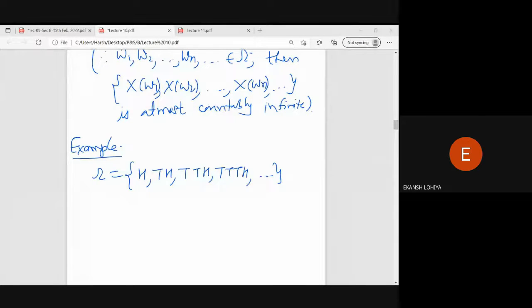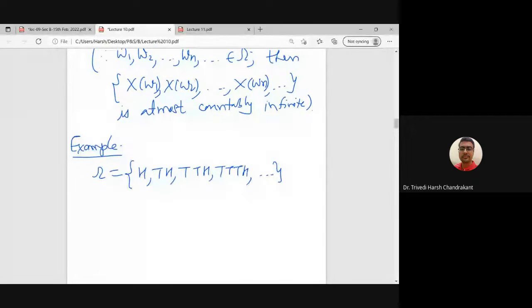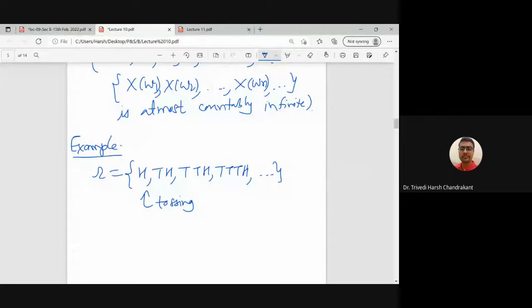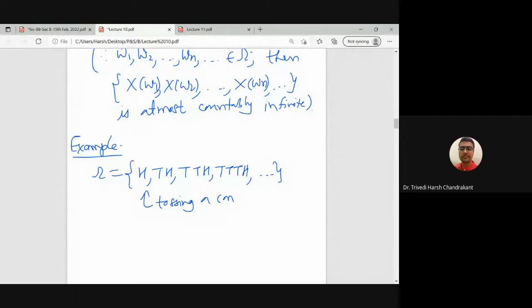So tossing a coin until we get at least one head, until we get the first head, right? So you know all these things. This is an experiment related to tossing a coin until we get the first head.